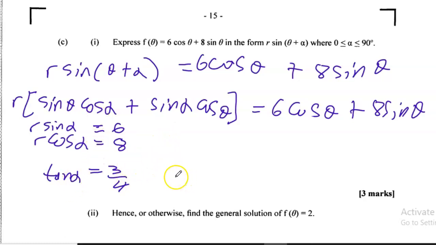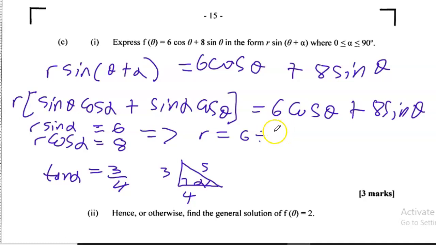Now if tan alpha is 3/4, let us draw a right angle triangle. Call this alpha. Tan is opposite over adjacent, so the hypotenuse will be 5. So from here, r is 6 divided by sine alpha, which is 6 divided by, now sine alpha, that's opposite over hypotenuse, so 3 over 5, so 6 divided by 3 over 5, which is 6 times 5 over 3, which is 10.